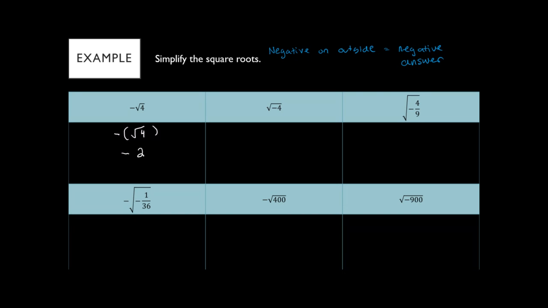Now, if the negative is on the inside, there is no real solution or real numbered square root. So for the square root of negative 4, no real numbered square root.